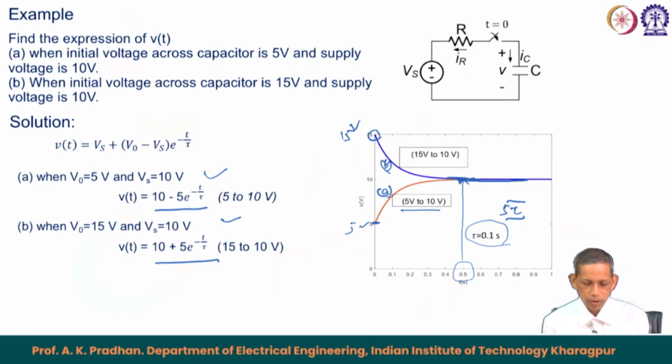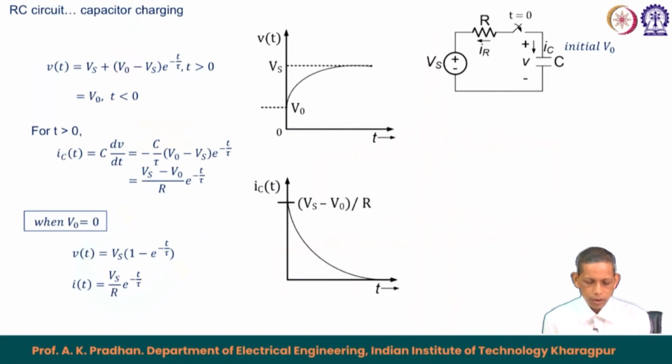So, this is about capacitor charging when Vs is greater than V naught, and the other when V naught is greater than Vs. In one case it starts from 5 volt and reaches this, and in the other it starts from 15 volt and reaches this. Now, we see that Vc(t) is Vs plus (V naught minus Vs) e to the power minus t by tau.